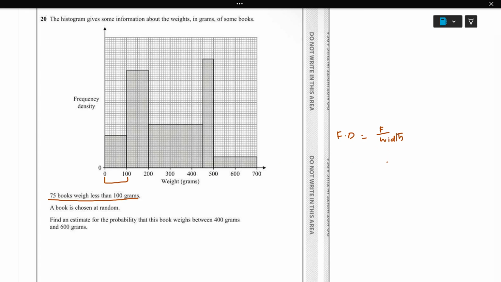The frequency is 75 over 100, which is 0.75. So this is 0.75. That means this is 0.5. This is 0.25. This is going to be 1. This is 1.25.